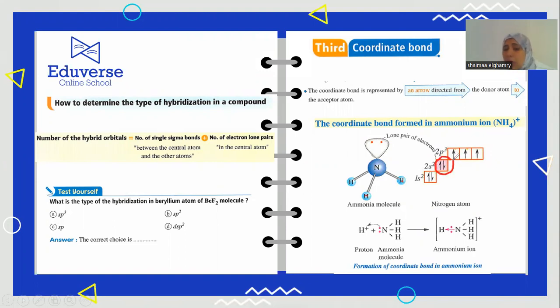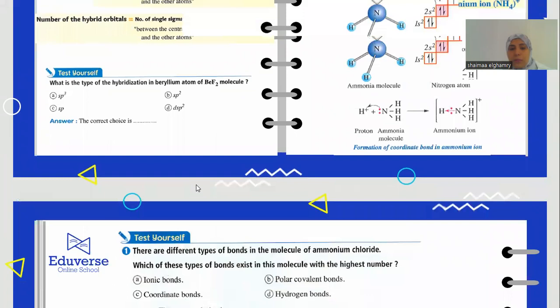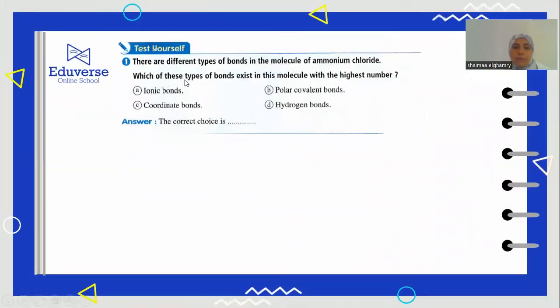If a hydrogen ion comes beside ammonia, a hydrogen ion without any electron, the ammonia molecule will donate its lone pair of electrons to this hydrogen ion to form NH4, the ammonium ion, NH4 positive. So nitrogen here is what? The donor atom, and the hydrogen ion is the acceptor atom. The arrow extends from nitrogen toward hydrogen.